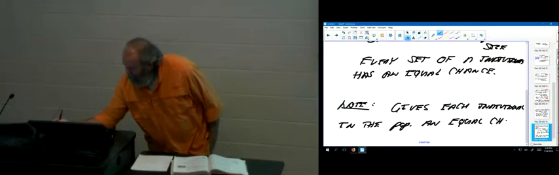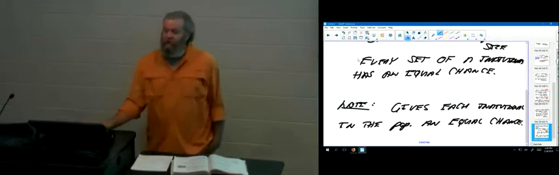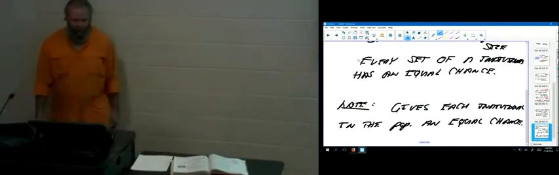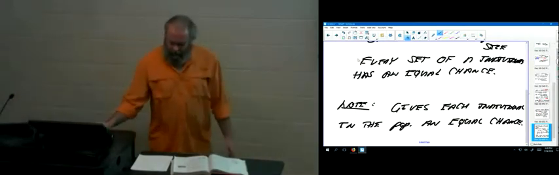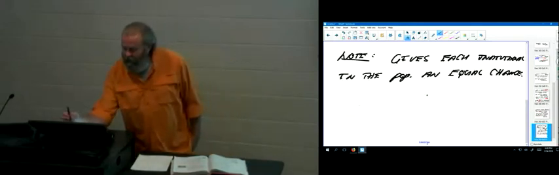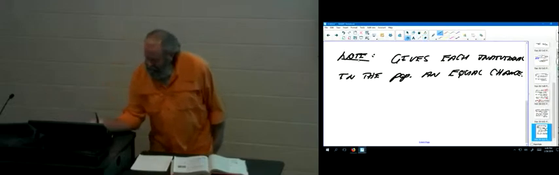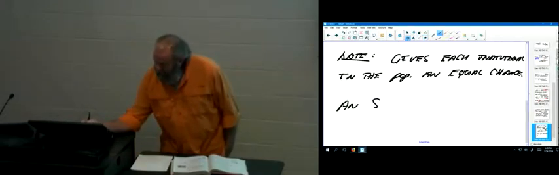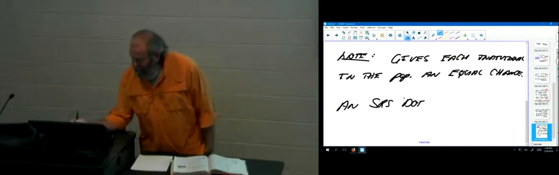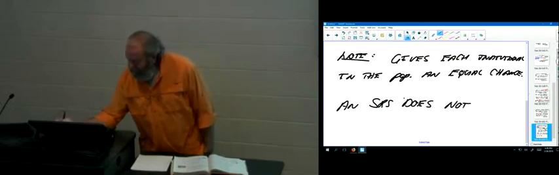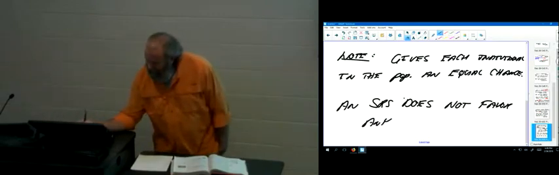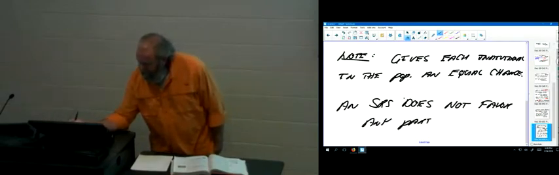That's a fact. That's a little note here after. So that's what it does. The definition is looking at n at a time. The point is this. An SRS, simple random sample, does not favor any part of the population.